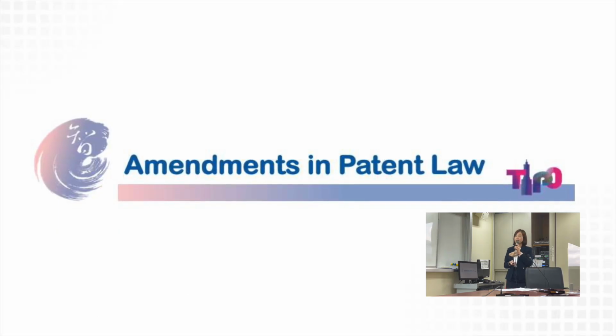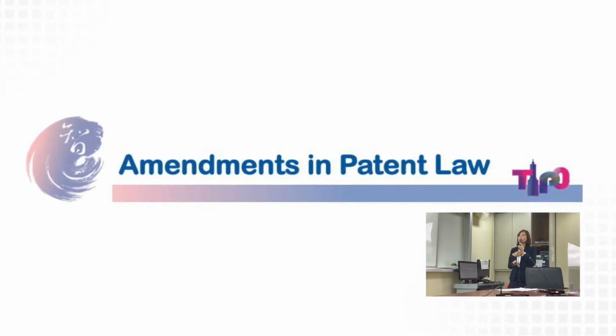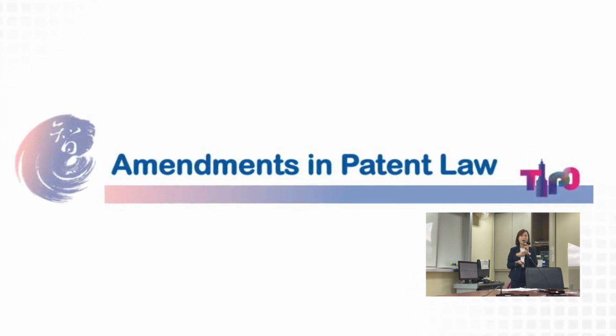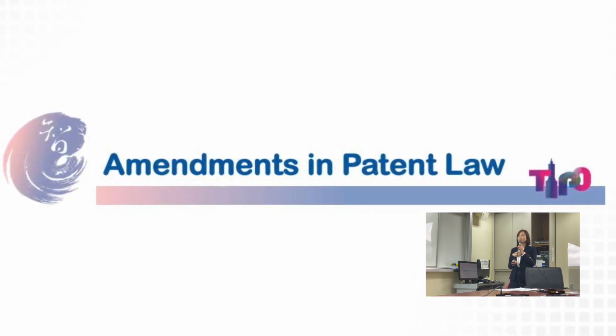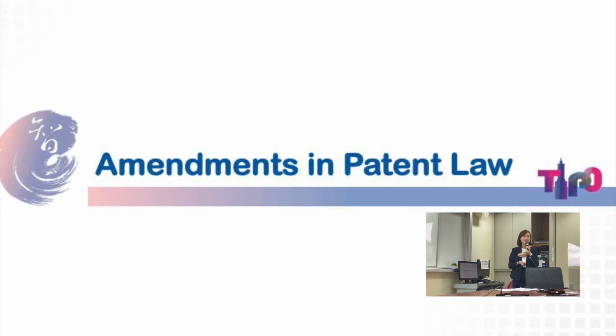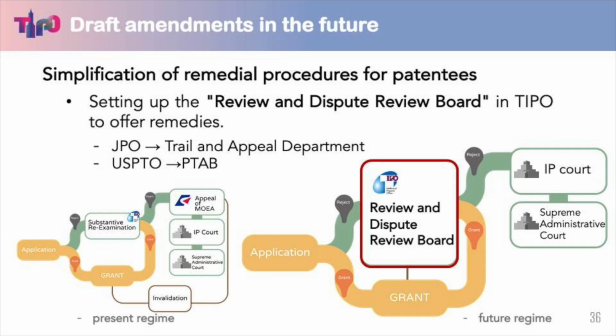Before finishing my presentation, I'm going to talk about what we plan to do for the Patent Act in the future. In order to simplify the remedy procedure for patentees, we plan to set up a review and dispute review board to offer remedies.